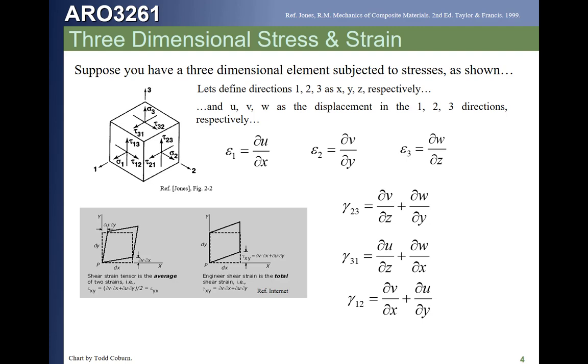Shear strains, once again, on the 2-3 face would be the change in y relative to z, and the change in z relative to y. Remember, because we're talking about the summation of those two strains, which is the total strain in the element, recalling back to our first, around our 3rd-ish or 4th lecture.